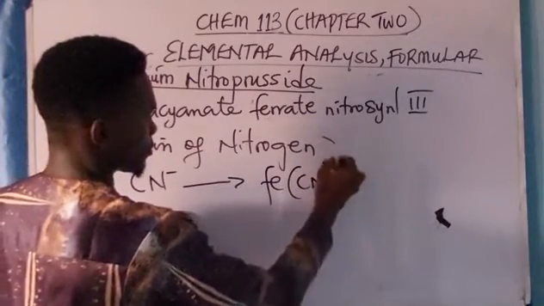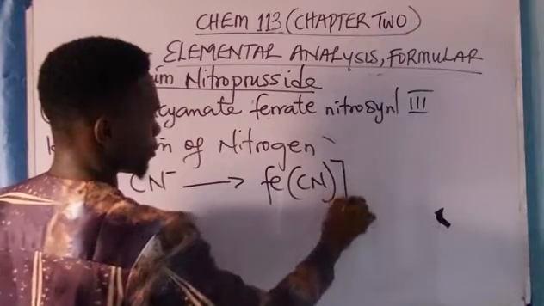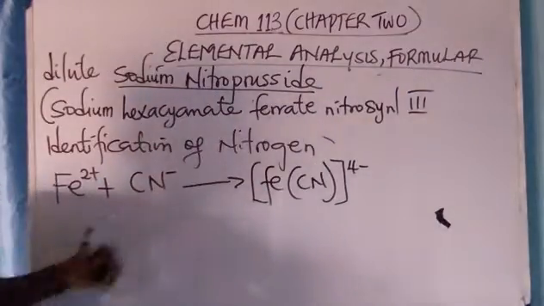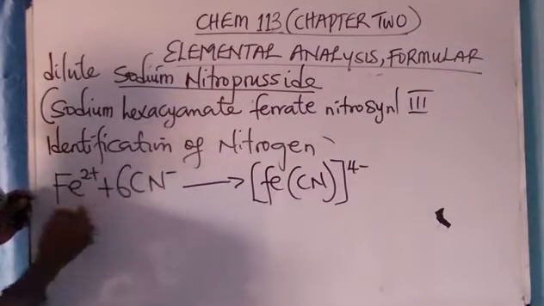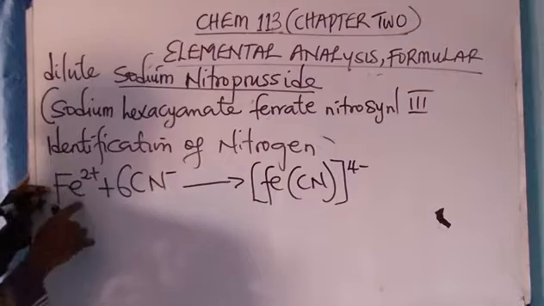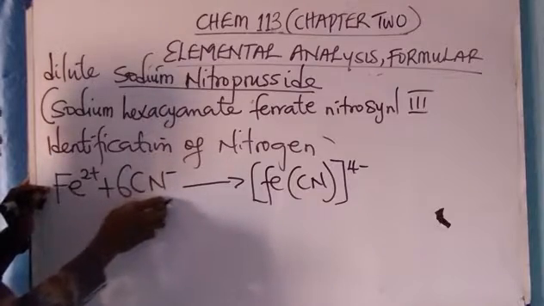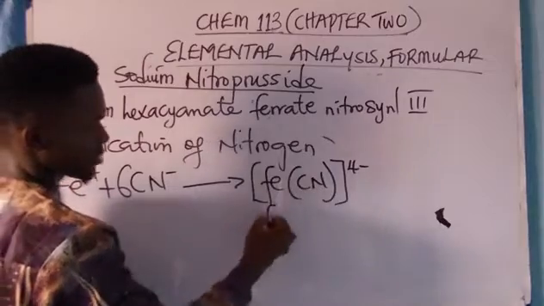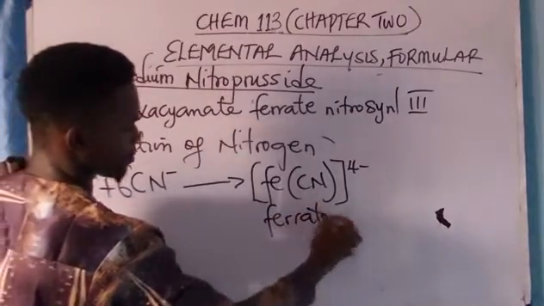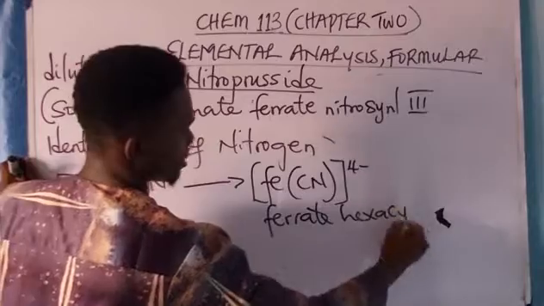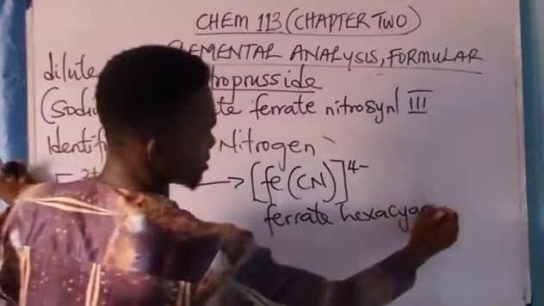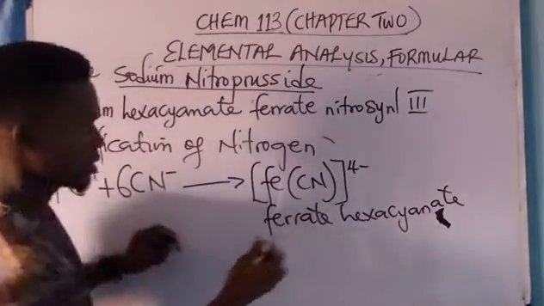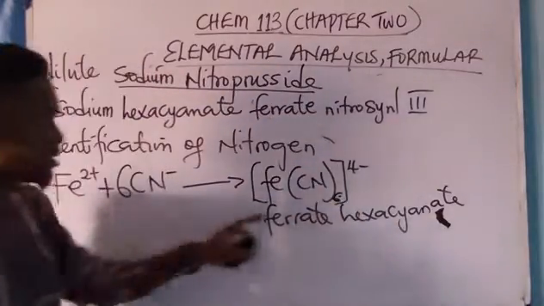It is not easy. Alright. So if I should react this ferrite ion with cyano ion, I'm going to be having what? Ferrite hexacyanate. Ferrite, there's 6 here.